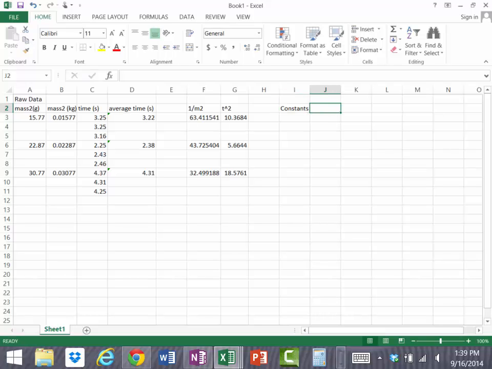Then I'm just going to go ahead and type them in. So I'm going to say distance in meters. And then the mass M1. Make sure that's in kilograms as well. And the acceleration due to gravity is in meters per second squared.